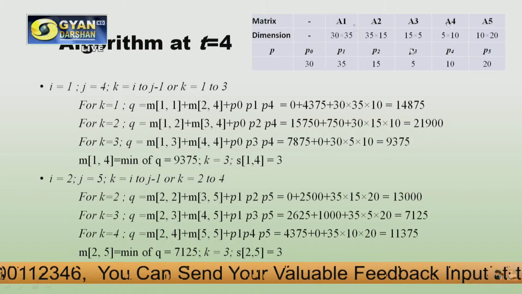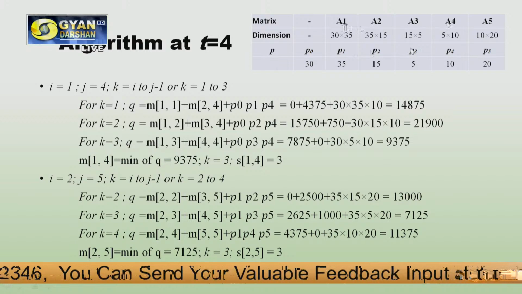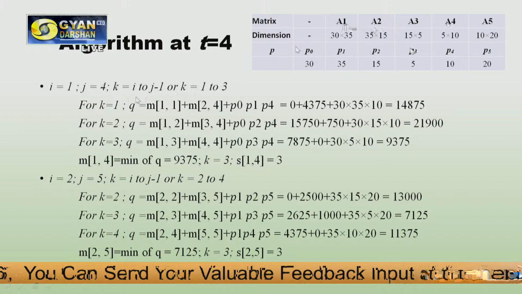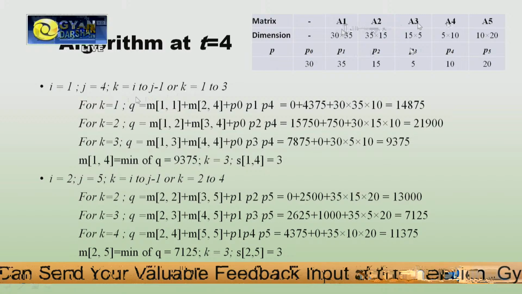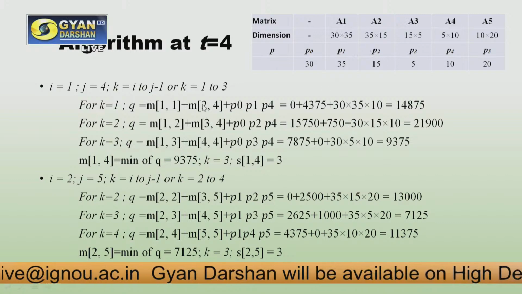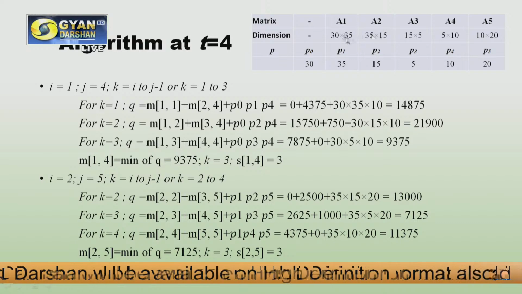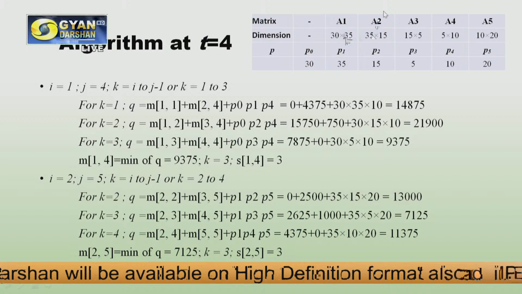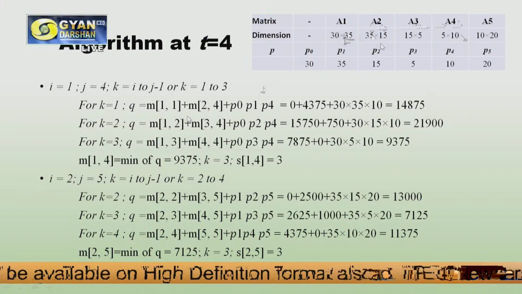One possibility is k equals 1, where A2, A3, A4 you have multiplied. But whatever way you have multiplied, you have already got that result somewhere in M, 4375. But you are multiplying A1 with the product of A2, A3, A4 together. So this is the way it is going to be computed.